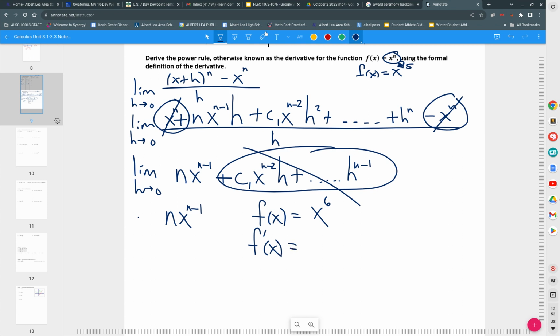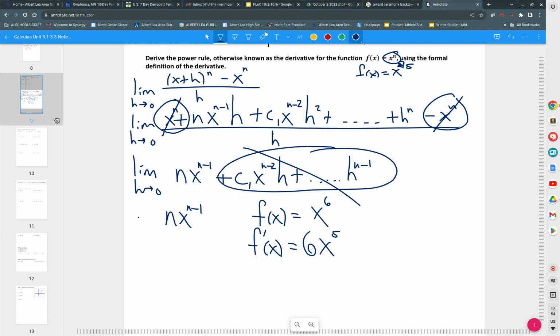All we do is we take the power and we drop it in front to get 6, and then what do we do to the exponent? We subtract 1. That's the derivative. Whoa. Watch, you'll be able to try it yourself. I mean, it's super cool how it works out so quickly and so easily.